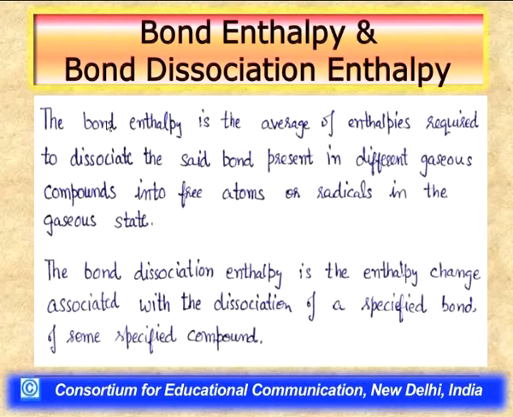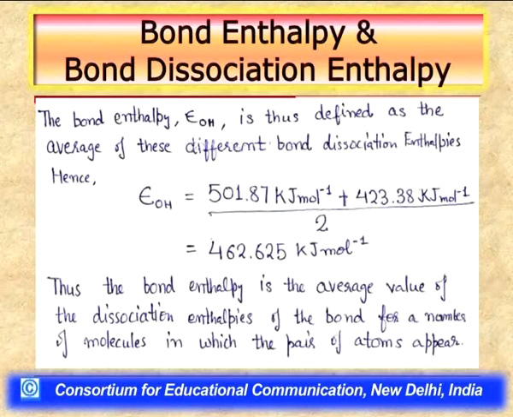However, on the other hand, the bond enthalpy is the average of enthalpies required to dissociate the said bond present in different gaseous compounds into free atoms or radicals in the gaseous state. So, for example, if we want to determine the bond enthalpy of the OH bond, all we need to do is take the mean of the bond dissociation enthalpies of the OH bond, once in the water molecule and the other time in the hydroxyl radical.